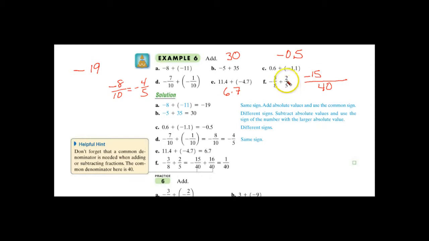Here we have to multiply this by 8. 5 times 8 is 40. 2 times 8 is 16. So we're going to end up here with 1 over 40, which I think they have right there. And there is some practice as well.